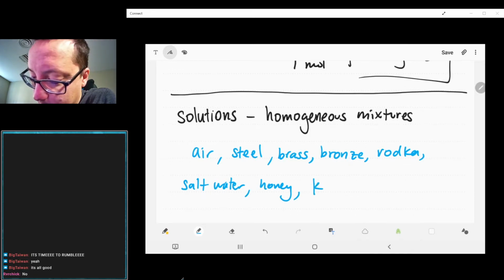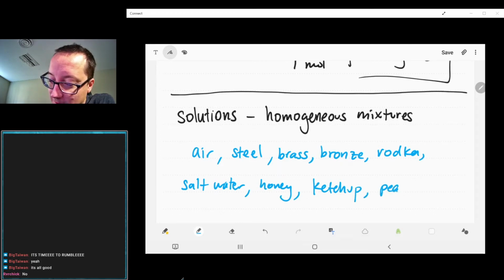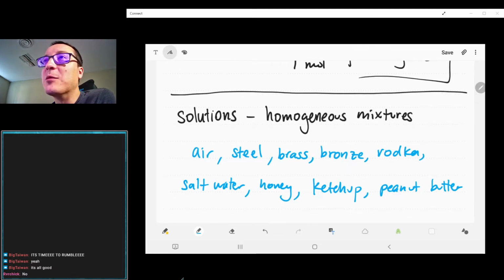Ketchup, except when it separates, right? If you haven't opened it in a while, you get that watery layer on the top. Peanut butter. We have tons of various solutions that we deal with all the time, and we're going to see that they can take all sorts of different forms.